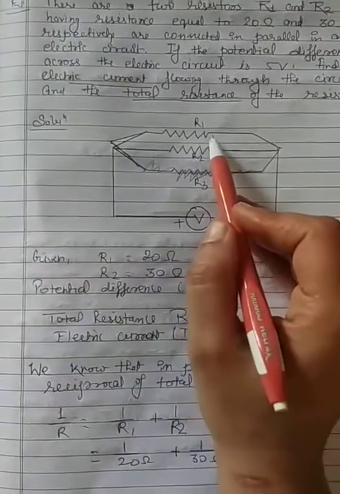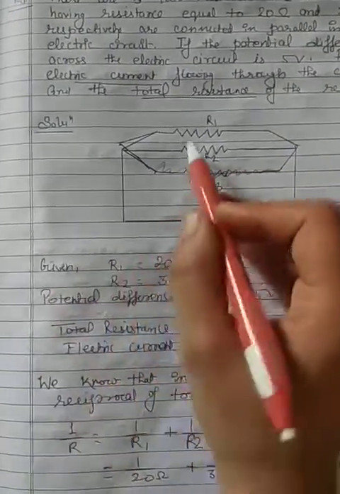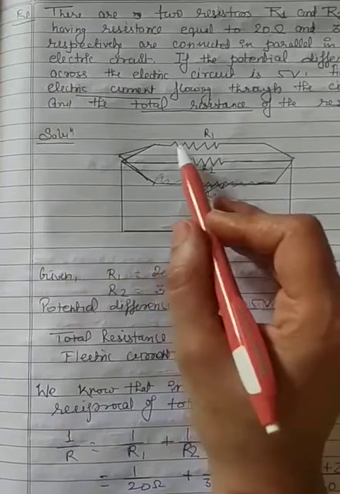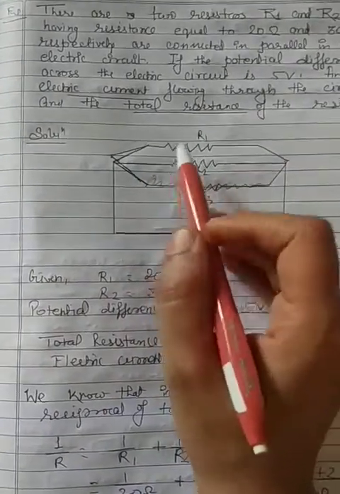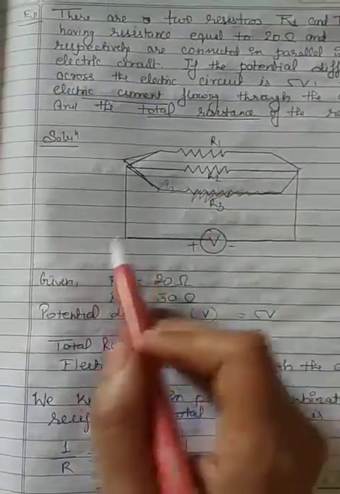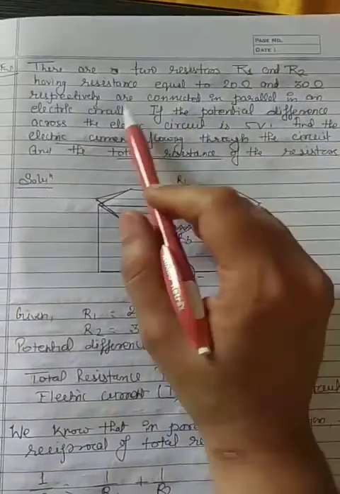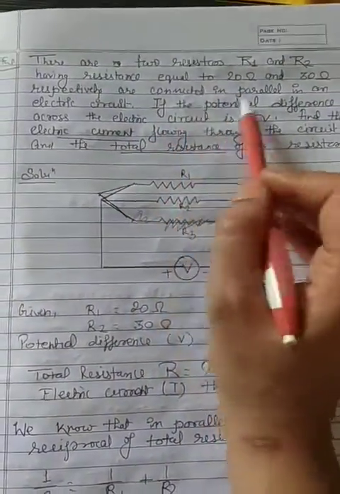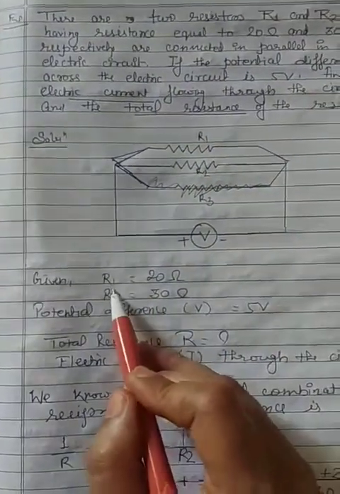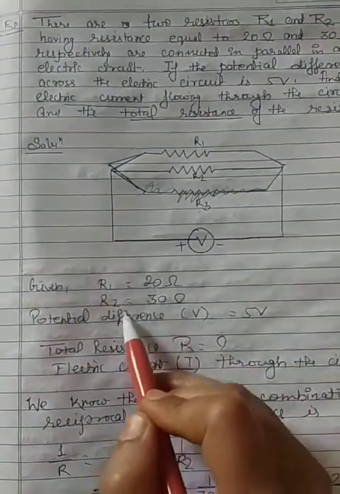First of all, we should know the formulas for parallel circuits. It is already written there. Resistors are connected in a parallel circuit. R1 is equal to 20 ohm, R2 is 30 ohm.